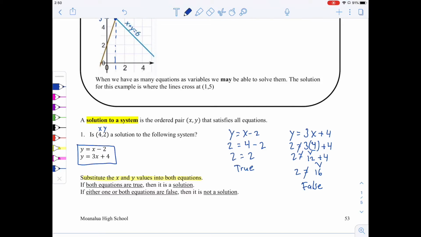So what does that mean? If one is false, that means this is not a solution, because if both equations are true, it is a solution. If either one or both are false, then it's not a solution. So this one is not a solution.